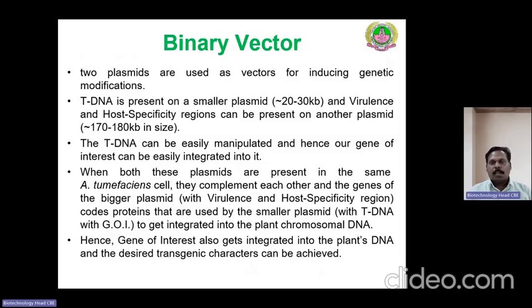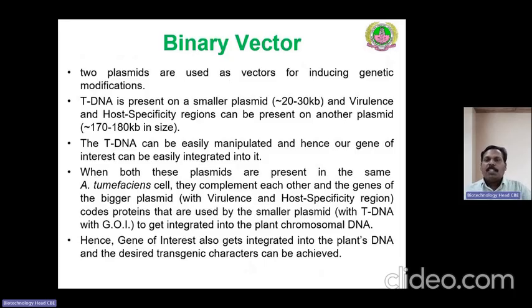When both these plasmids are present in the same Agrobacterium tumefaciens cells, they complement each other. Means the T-DNA will complement the host and virulence factor, and the host and virulence factor will do likewise, vice versa. The genes on the bigger plasmid also complement for expression. They help to encode the proteins that are used by the smaller plasmid to get integrated into the plant chromosomal DNA.